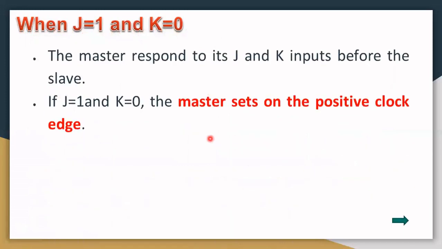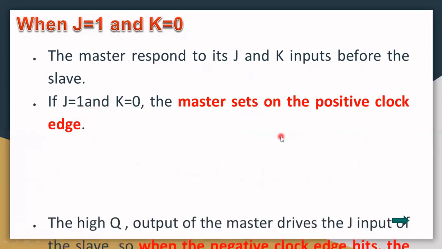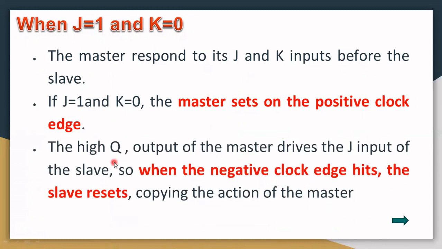Master responds to J and K input before the slave. If J is equal to 1 and K is equal to 0, the master sets on the positive clock edge. The high Q output of the master drives the J input of the slave.